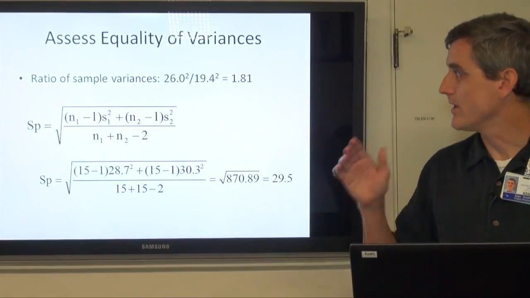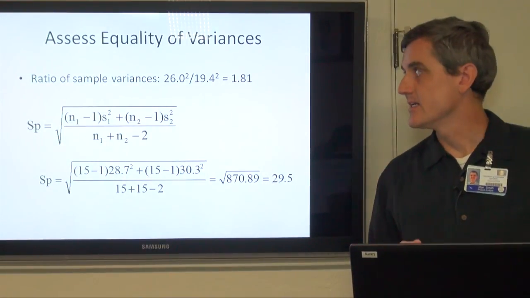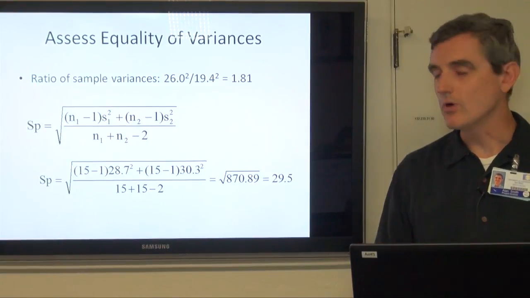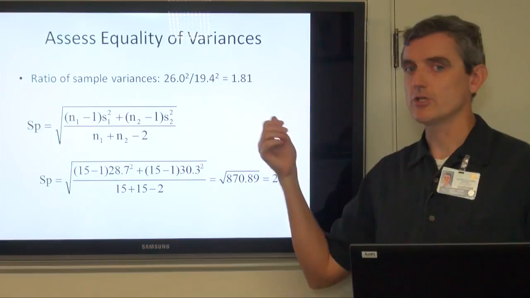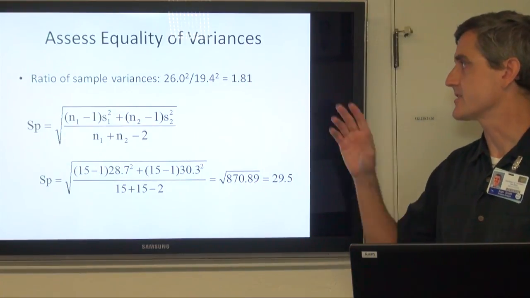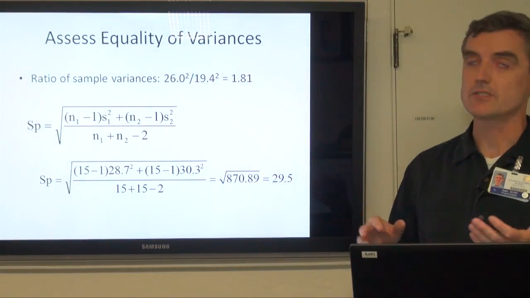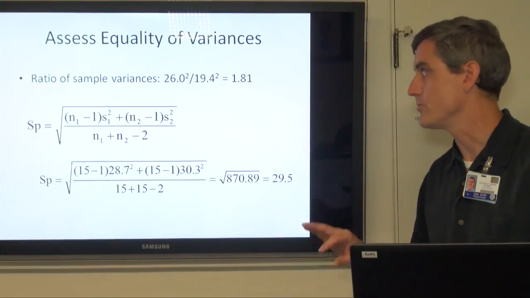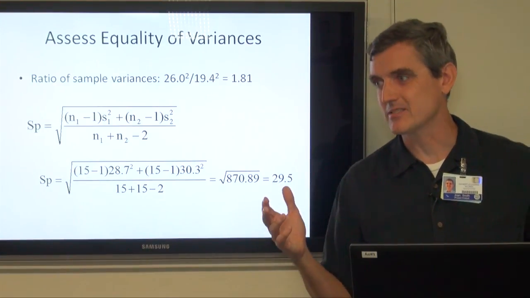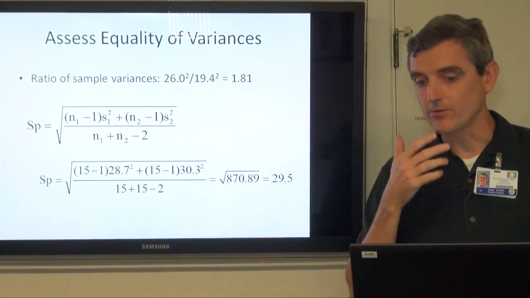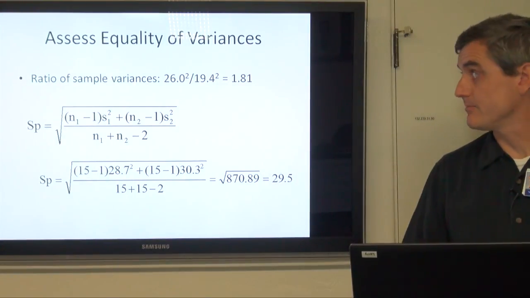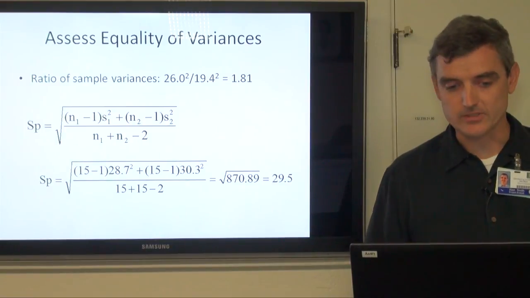And another thing about this test is that it assumes that the variances are equal. In order to test that, we just take the ratio of the variances, and if it's between 0.5 and 2, we can say it passes the eyeball test for being essentially equal. This ratio is less than 2, so we will say that those variances are equal.